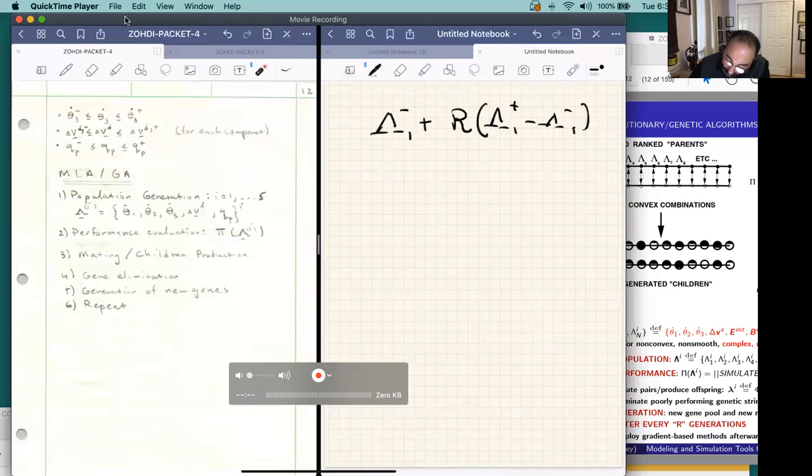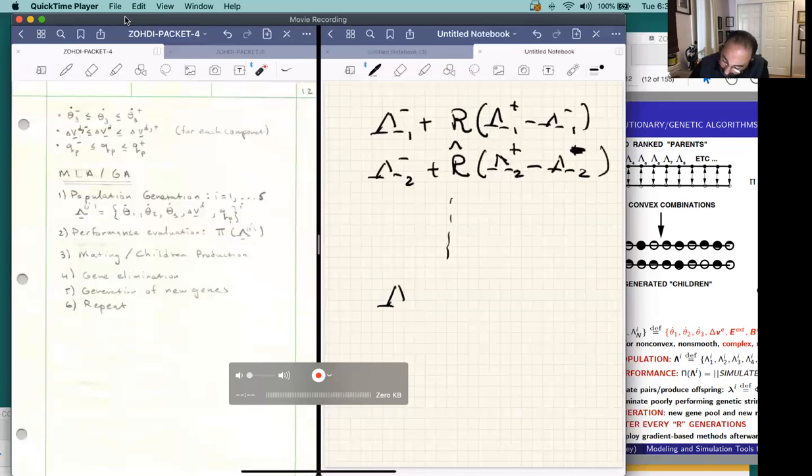And I do this for all of the variables: lambda 2, with a different random number, so call this R hat, lambda plus number 2 minus lambda minus, number 2. And I do this for all the design variables all the way to lambda n minus, random number generator number n, that's just a different value, times lambda n plus minus lambda n minus.